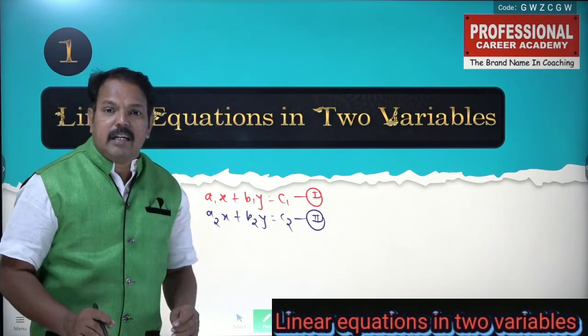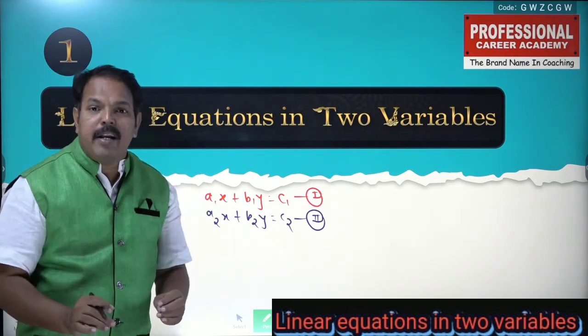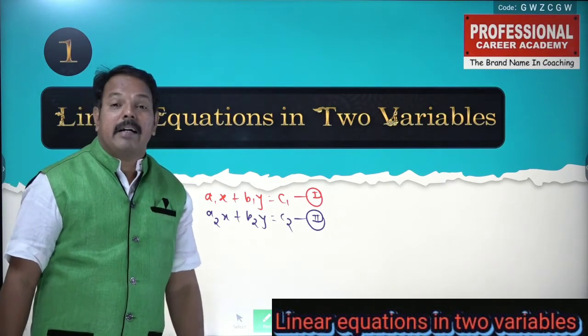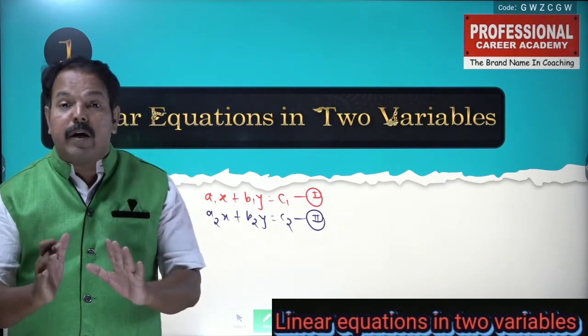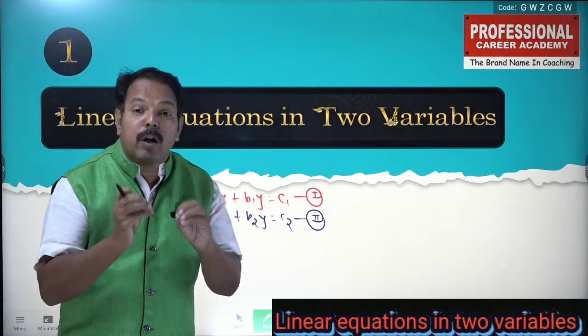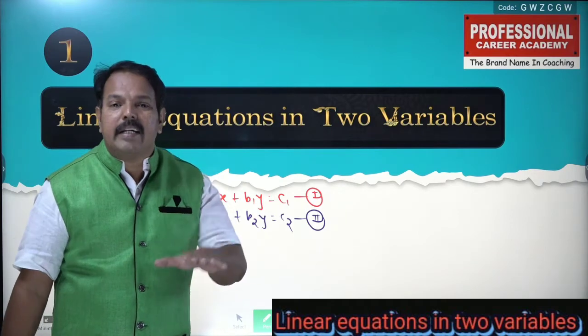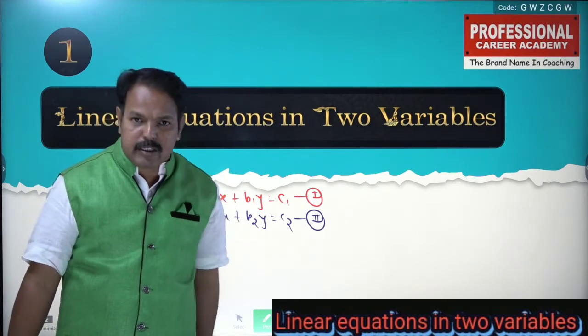But in case neither a1, a2 nor b1, b2 are the same, then what happens? In that case, you have to first equate at least one of the coefficients, remember, so that it gets cancelled, it gets eliminated from the equation.